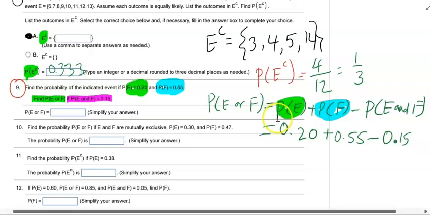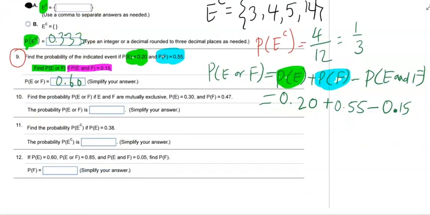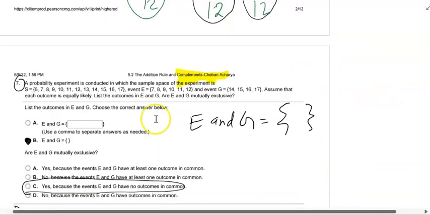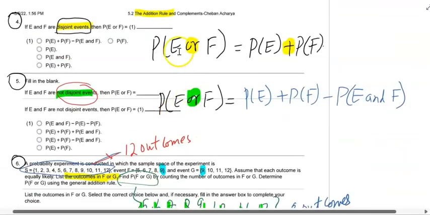Now if you add these two numbers and subtract 0.15, you get 0.60. That's the probability of E or F. Number 10 is similar, but only for mutually exclusive. You can use the formula from the top. Remember that you have to use this formula for mutually exclusive.